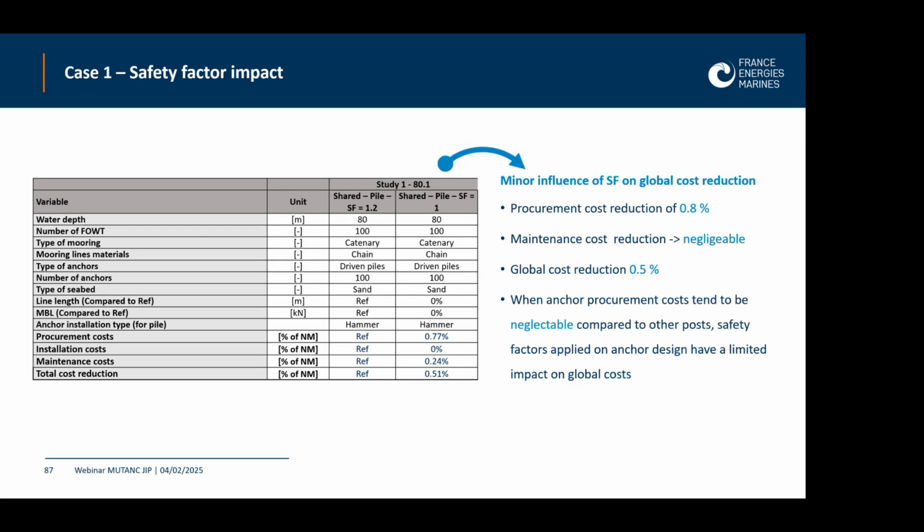And that leads to almost no reduction, a small influence on the procurement reduction, and the global cost reduction is only reduced by 0.5%. So what we can see is that when anchor procurement costs tend to be negligible compared to others, the safety factor applied on anchor design has a limited impact on global costs.